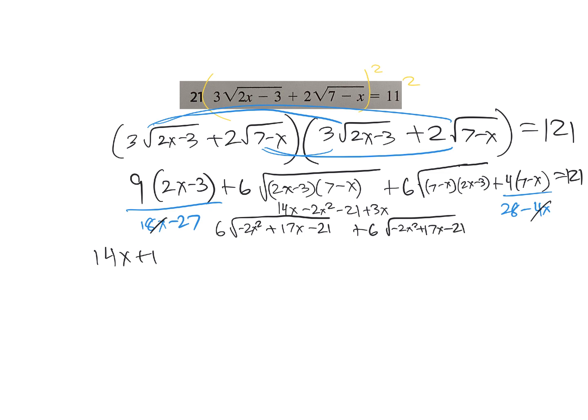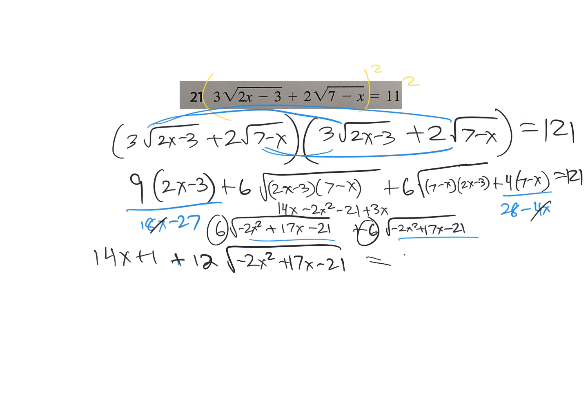Now, if you had 6z plus 6z, that would be 12z, because the bases are the same, right? The same exponent. So we can add those together, and that gives us a plus 12, and you have the square root of negative 2x squared plus 17x minus 21, because you have two of those, the 6 and the 6, and they're the exact same radicals.